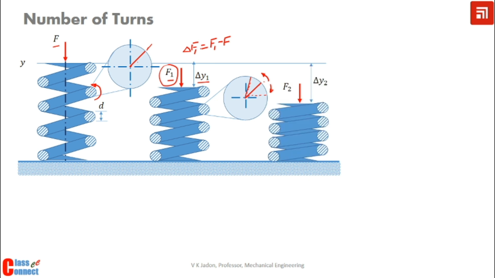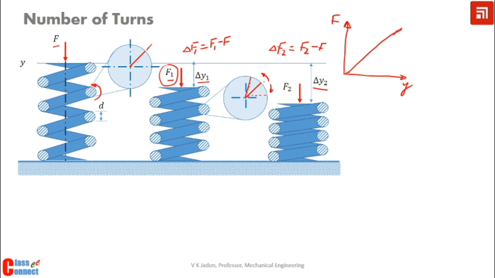Now if we further increase the load, and let us assume that the change in the deflection is delta y2, this delta y2 will correspond to delta F2, and this delta F2 is nothing but F2 minus F. And if we assume this spring to be linear, it means we assume that the load and deflection curve of this spring will take this type of straight line relationship.